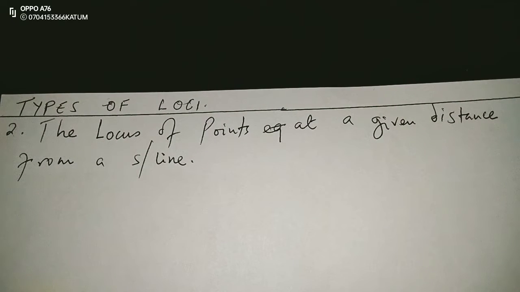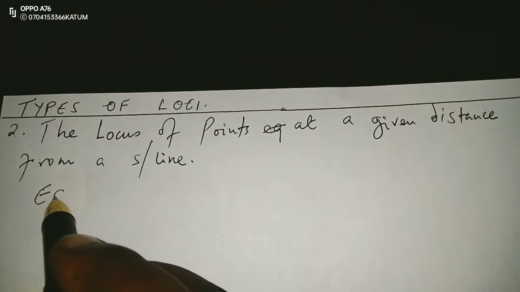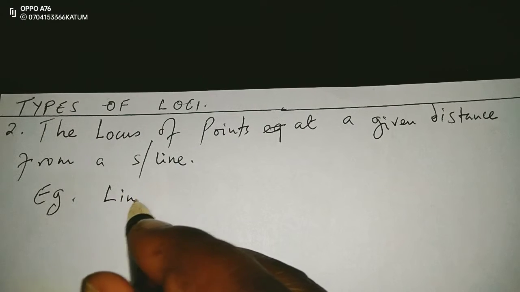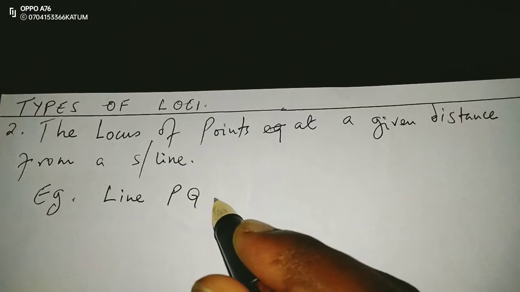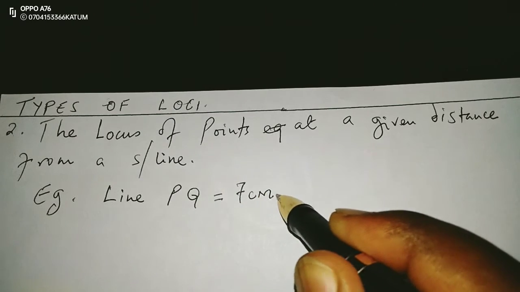So you will simply be told that the line below is PQ. Construct the locus of points which are at 3 centimeters away from the given line. Let's say, for example, just an example, line PQ equals 7 centimeters.